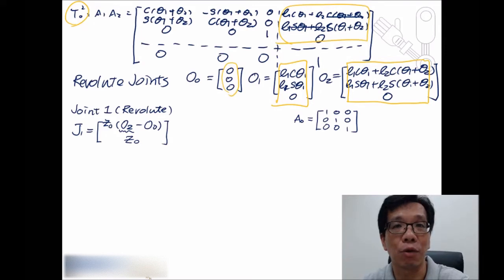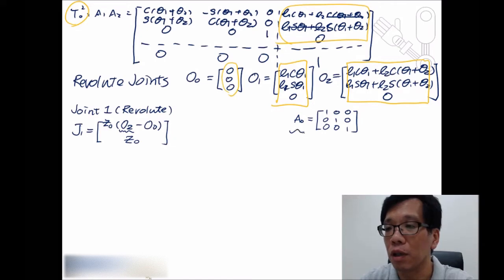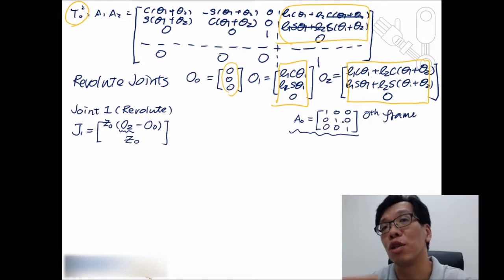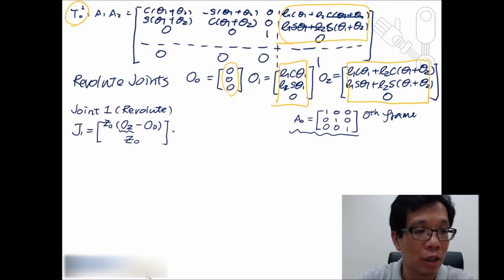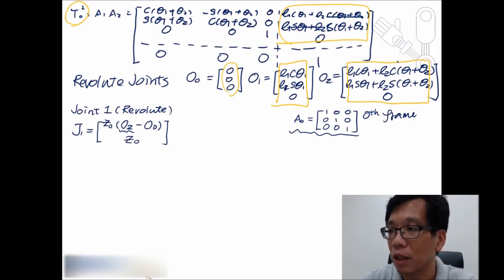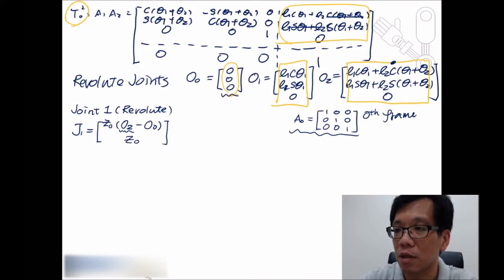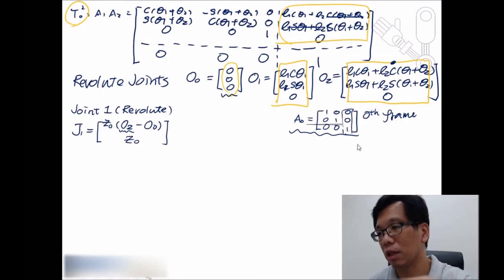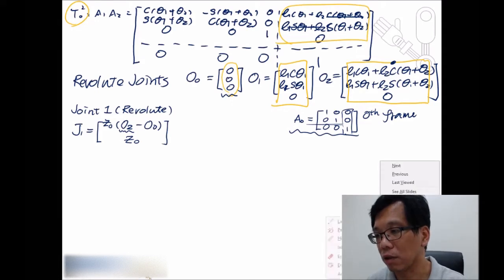So it means that we are not rotating at all, which also implies it's going to be identity. So when you are dealing with frame zero, the transformation matrix is always an identity because you transform yourself into yourself. So it must be identity. With that said, over here, we are having this one minus this one multiplied by this column. So let me change the color again so we have better idea what I'm actually looking for.